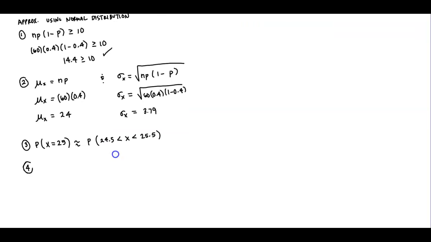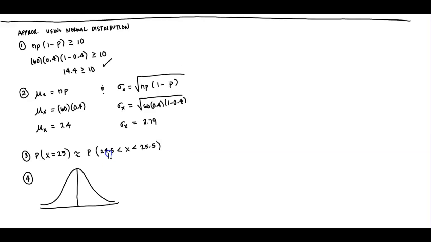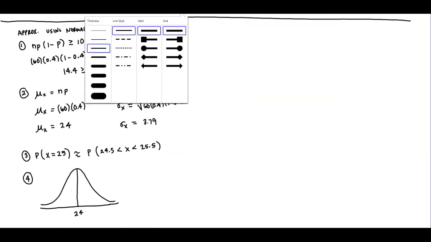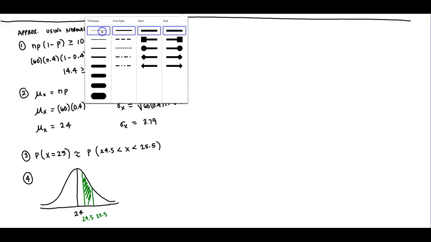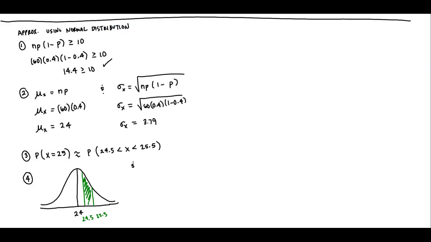So recall that if we draw this bell curve, our mean that's given in our problem is 24. And we're looking for the area associated between 24.5 and 25.5. So now we're going to find our z-scores.